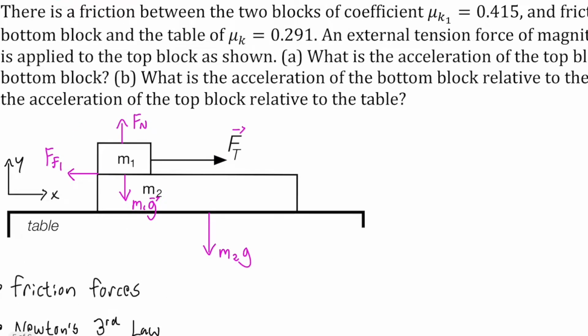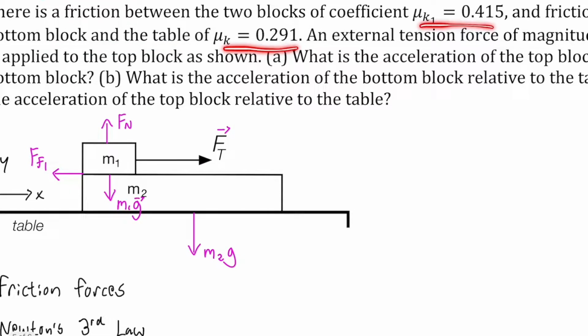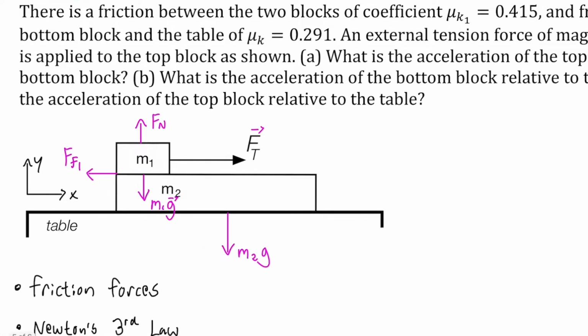Because if you look, we're told that there is a friction coefficient between the block and the table, as I pointed out, with a different friction coefficient, lower by the way than the friction between the blocks. And that means that there is going to be some friction force pushing back, preventing the block from moving. Now, I'll talk a bit about our expected direction of movement here, which is a pretty safe bet. So we'll call that F2.